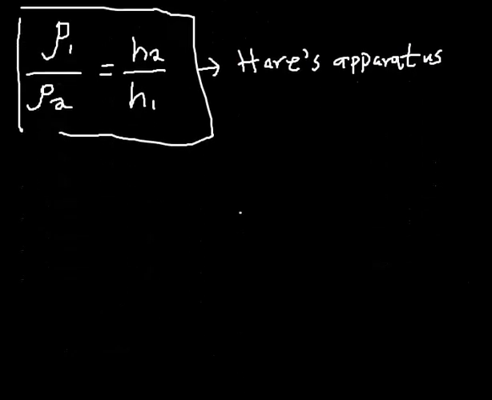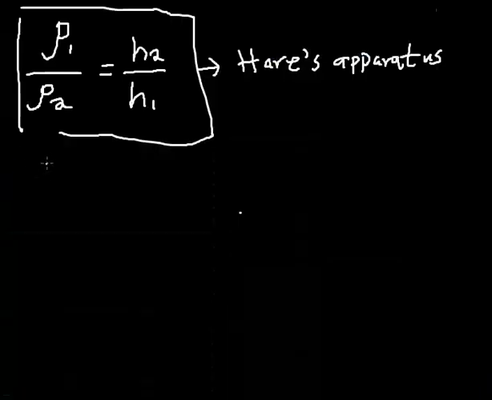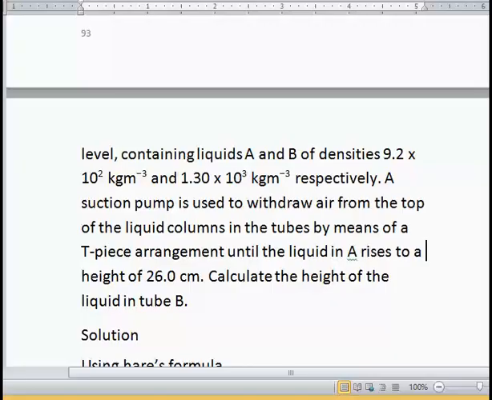Now let's fix our values. First of all, let's say the density of A is 9.2 times 10 raised to power 2, and the density of B is 1.3 times 10 raised to power 3.